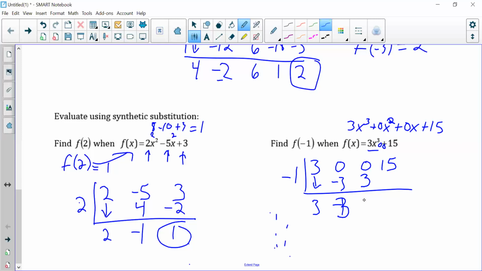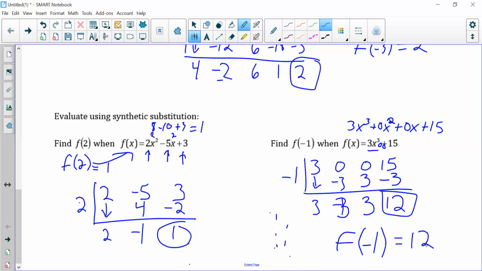So 0 plus 3 is 3. And negative 1 times 3 is negative 3. And 15 minus 3 is 12. So f of negative 1 equals 12.